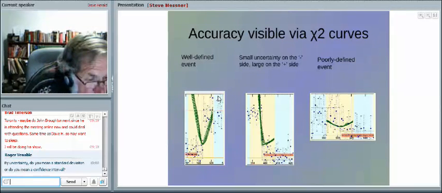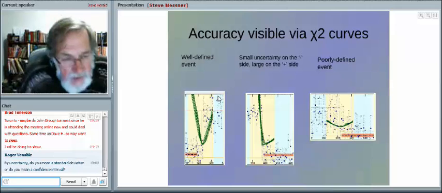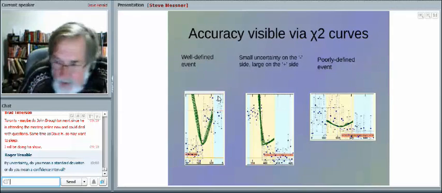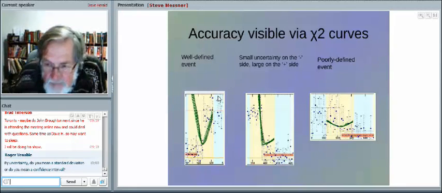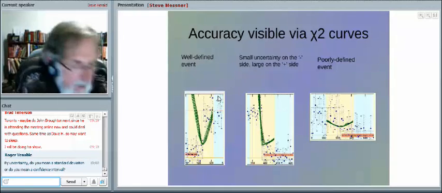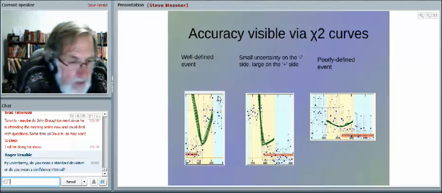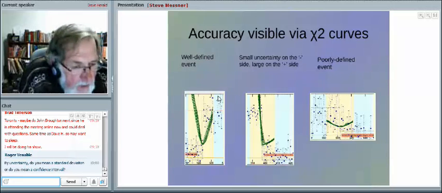Now I see Roger's asking, by uncertainty, do you mean a standard deviation? Do you mean a confidence interval? The uncertainty is a confidence interval. When you do the chi-square, the Monte Carlo analysis, I guess one of the problems I have with talking about standard deviations is that we have a single observation, and to have a standard deviation with a single observation doesn't quite add up.